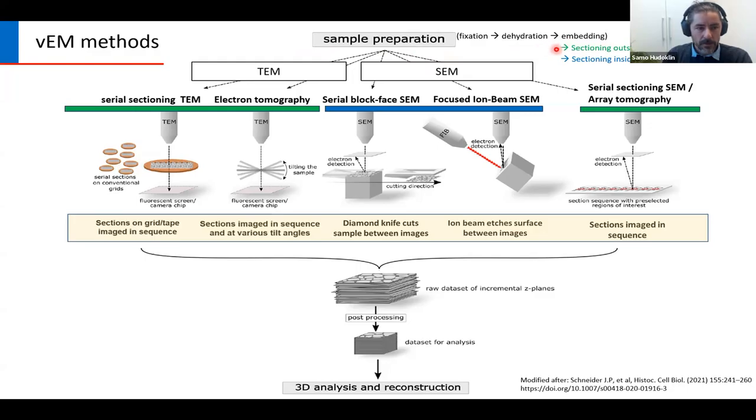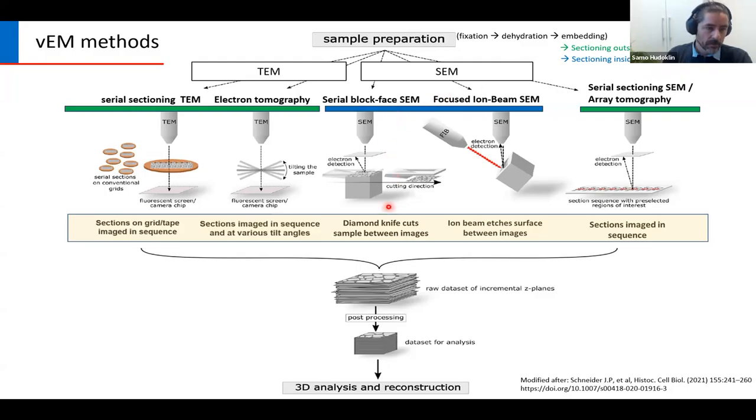In certain methods, the sectioning is done by ultramicrotome outside the microscope. For instance, for serial sectioning TEM, for electron tomography, or for array tomography. With serial block face SEM or focused ion beam, you do the sectioning inside the microscope.